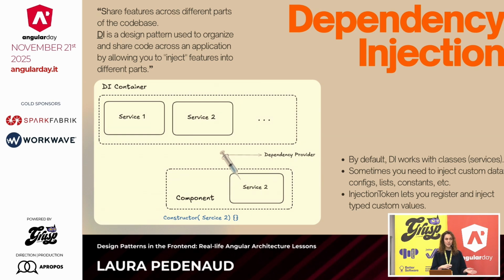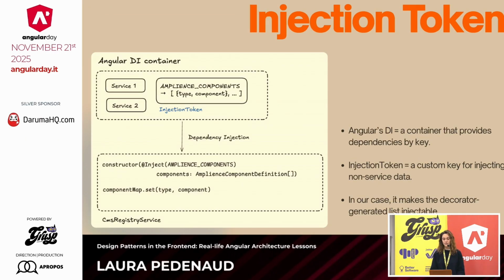But by default, dependency injection works with classes, so services, but sometimes you want to inject some different data, like for example a list or configs or anything. And that's where injection token comes in.